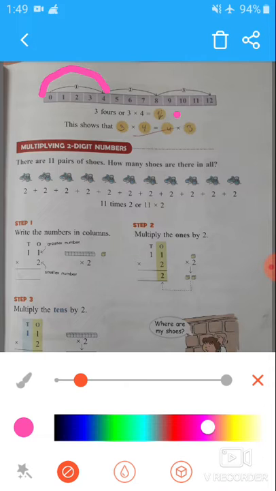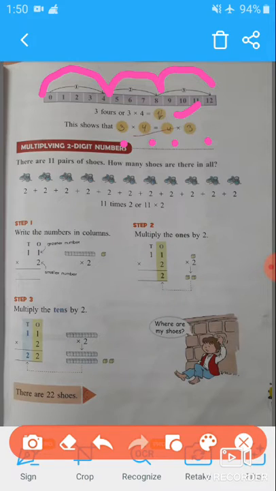From 0 to 4, 1 four, and 4 to 8, 2 fours, and 8 to 12, 3 fours. It means 3 multiplied by 4 equals 12. This shows that 3 multiplied by 4 and 4 multiplied by 3 equal 12. So 3 multiplied by 4 and 4 multiplied by 3 are equal to each other.